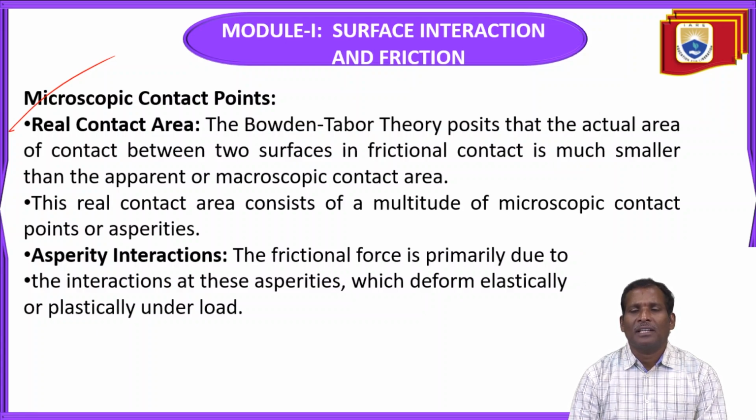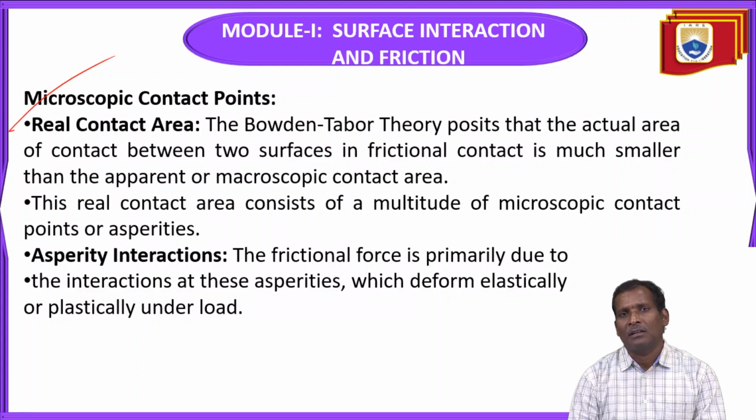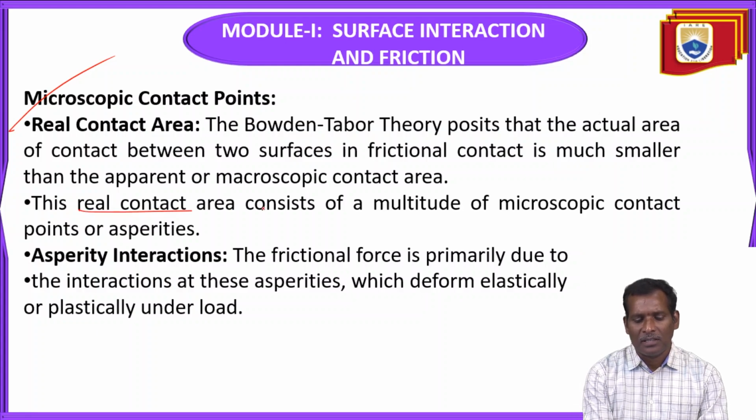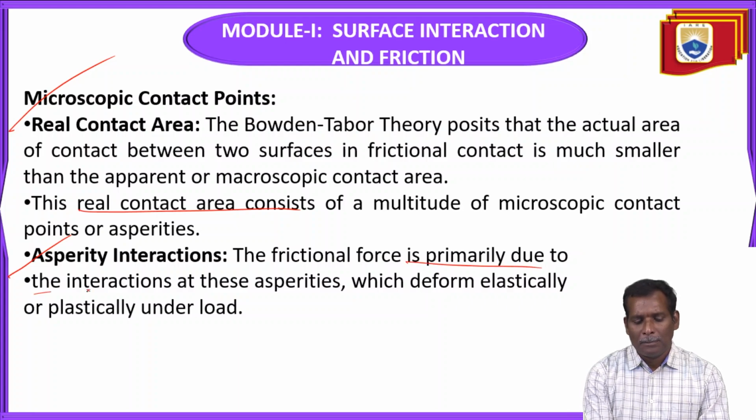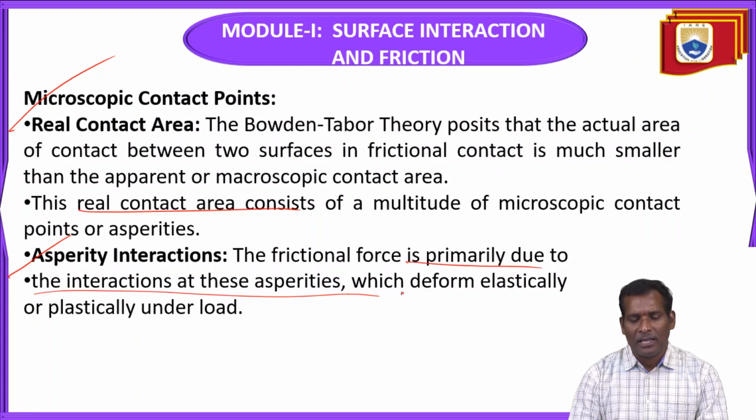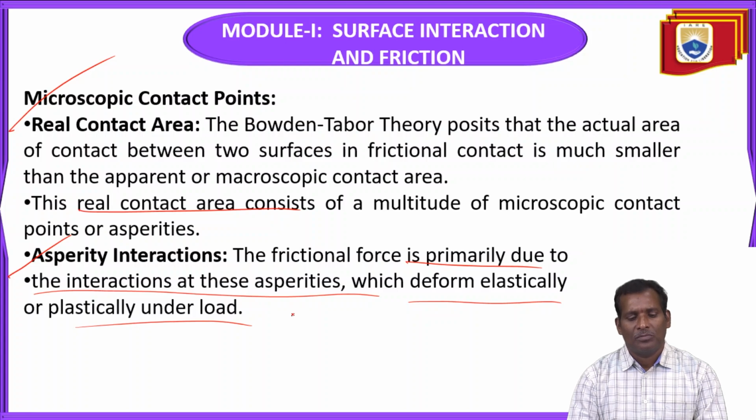This real contact area consists of a multitude of microscopic contact points or asperities. So this area is called the real contact area. Asperity interactions mean the frictional force is primarily due to the interactions of these asperities, which deform elastically or plastically under load.